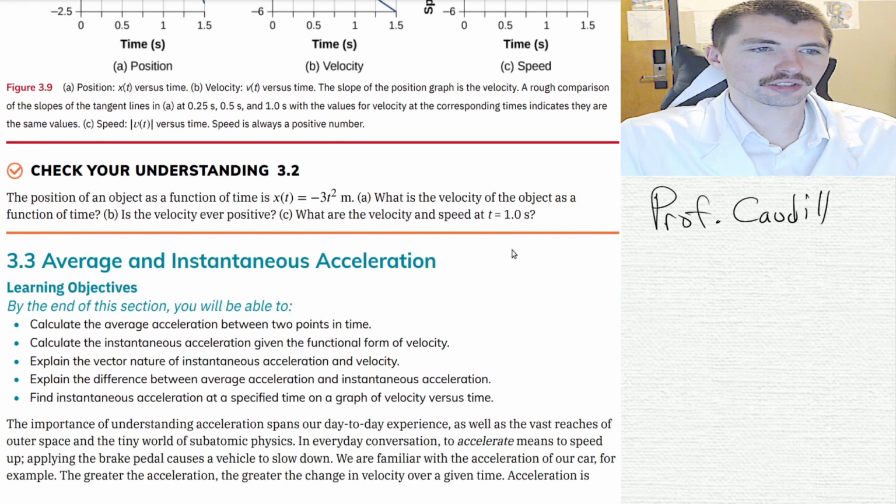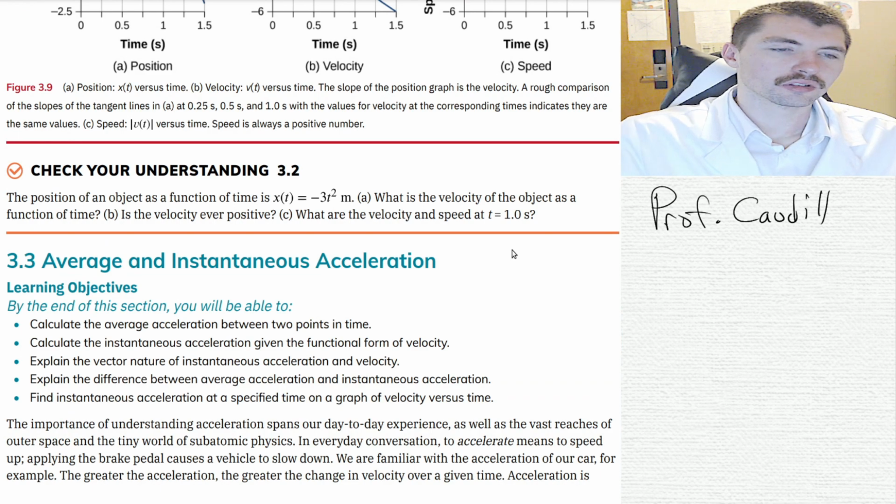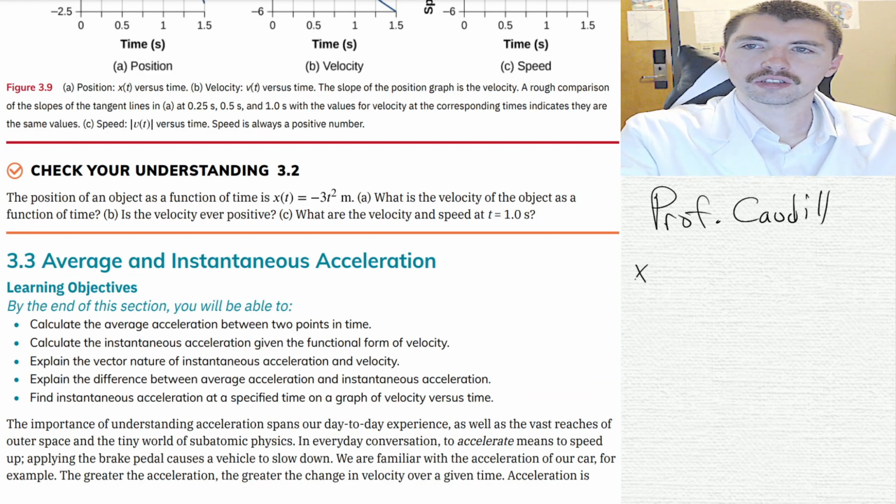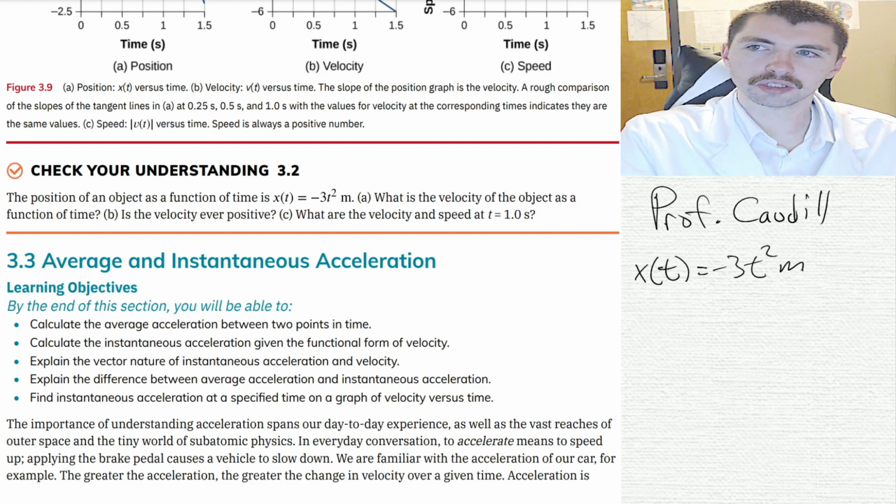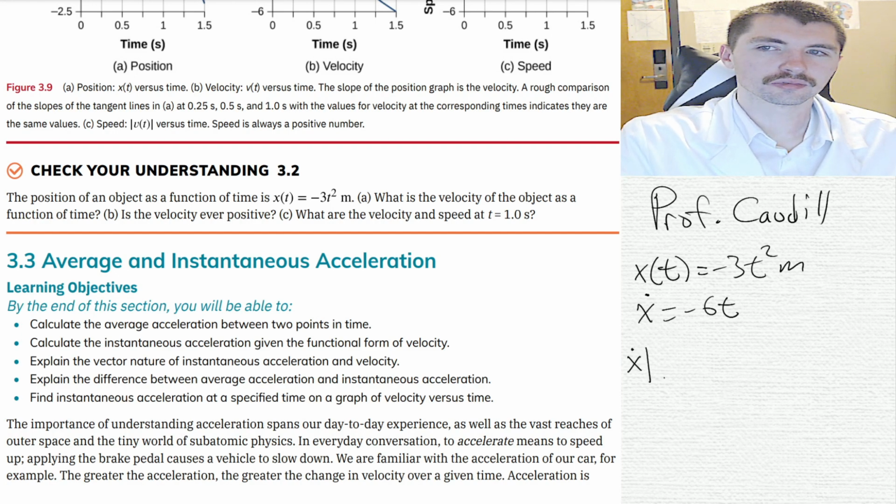Okay, so check our understanding. Given x(t) is -3t squared meters, what's the velocity? So that's the position function. So x' is -6t.